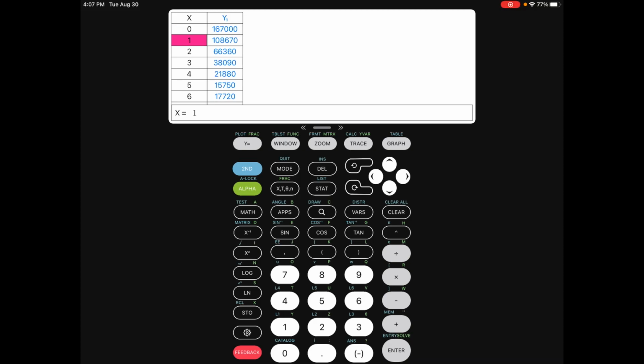We want to graph from 2 to 16. I can see that it's very high: 66,000, 38,000, 21,000, 15, 17. It starts to go back up. So I want to see what the highest value is up until 16. It looks like 91,000, so probably about 92,000 is our highest. Okay.